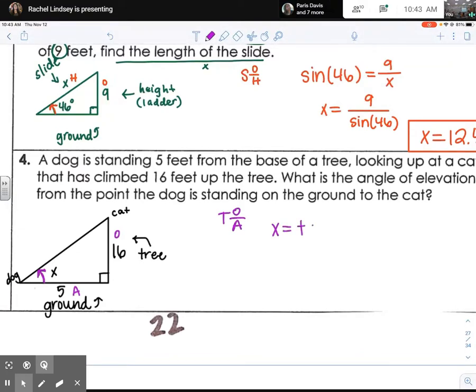So I'm going to have tangent inverse of opposite 16 over adjacent 5. So it's tangent inverse of 16 over 5, which is 72.6 degrees.